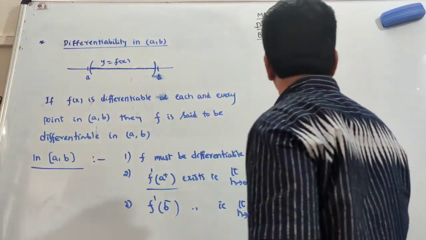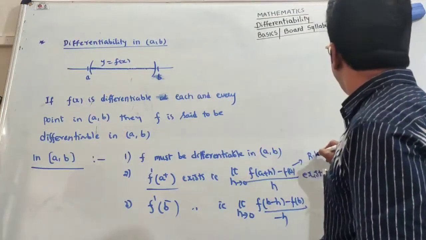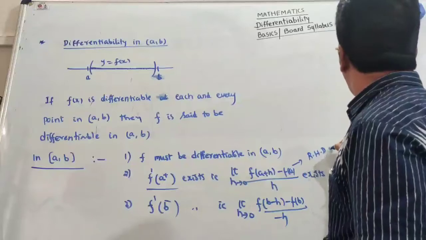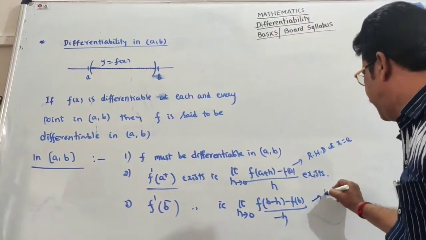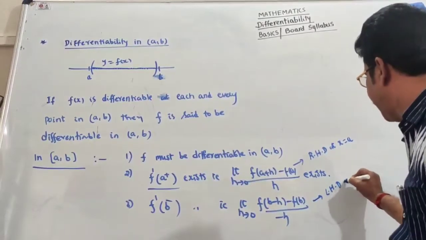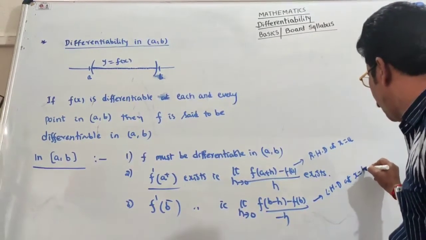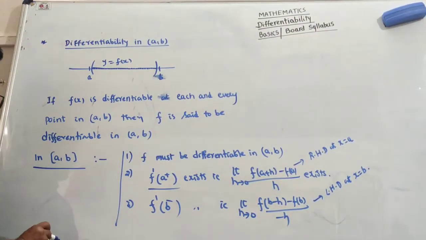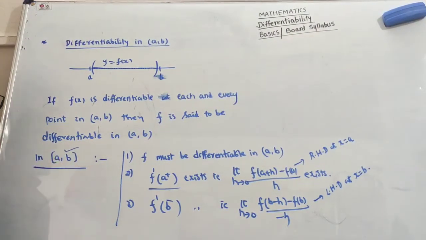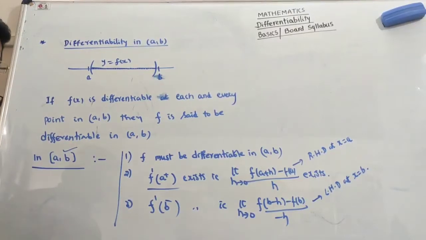It is actually the right hand derivative at x equal to a. It is the left hand derivative at x equals to b. So subject to three conditions, we can say that f of x is differentiable in closed interval of a comma b.